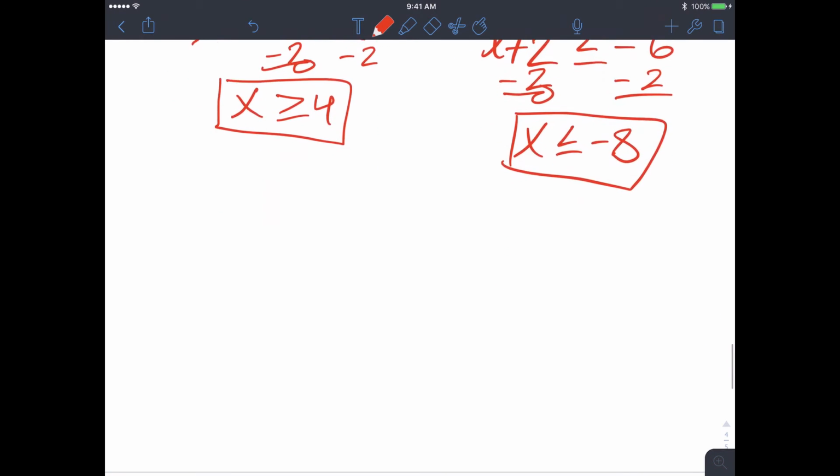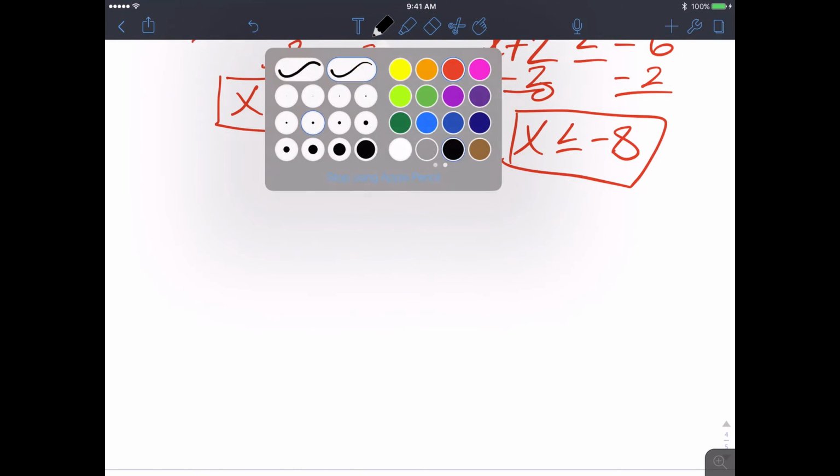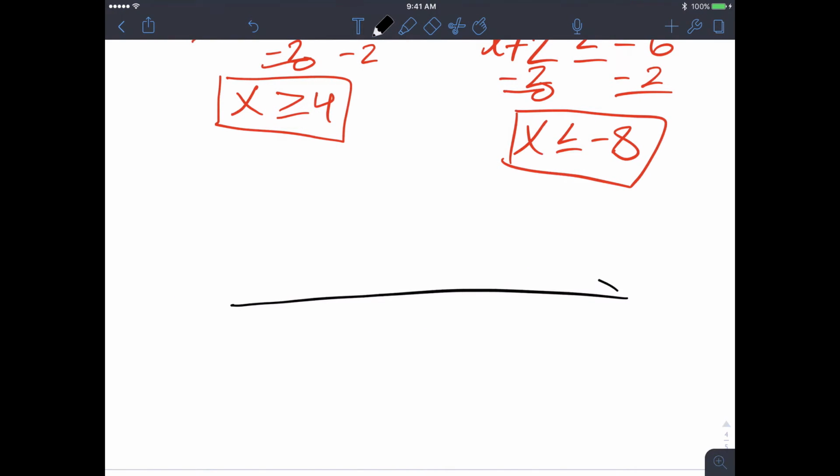So now let's graph this, just to make sure we know what we're doing. We'll just do 0. And let's go to 4. Let's go to negative 8. Now looking at it, negative 8. Is that open or closed circle? It's going to be a closed circle.